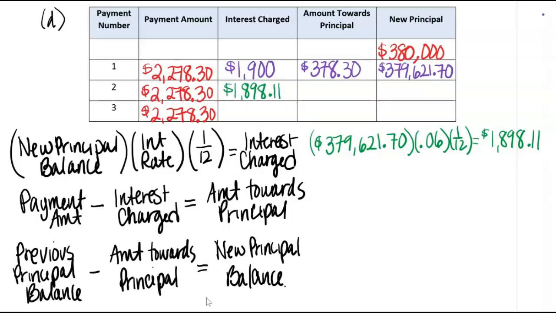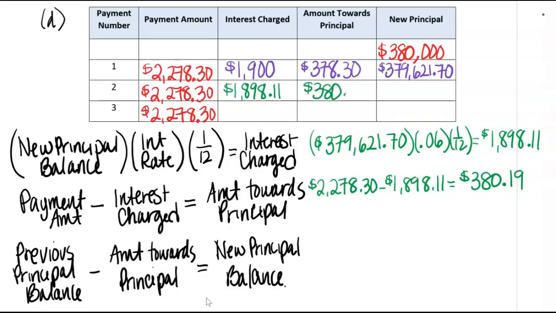For the amount that goes towards principal, we take our payment amount, which is $2,278.30, minus $1,898.11 to get the amount that goes towards principal as $380.19.